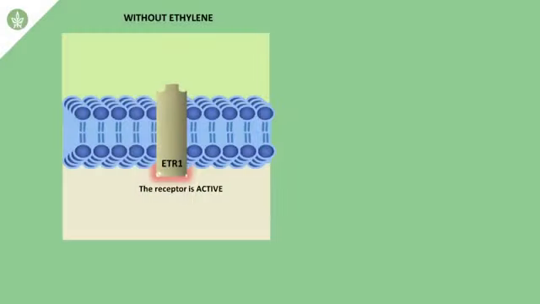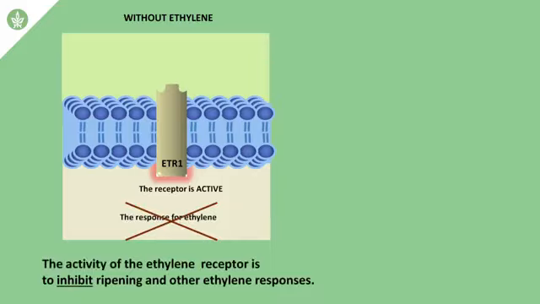So I want to go more in depth into how this ethylene is being sensed by the receptor and what it's doing to the cell. Now I'll go through this a couple of times because it can be a little complex. So as I said, the ethylene receptor is sitting in the cell membrane, communicating information into the cell. Now in the absence of ethylene, these receptors are on, they're active, but their activity is something negative.